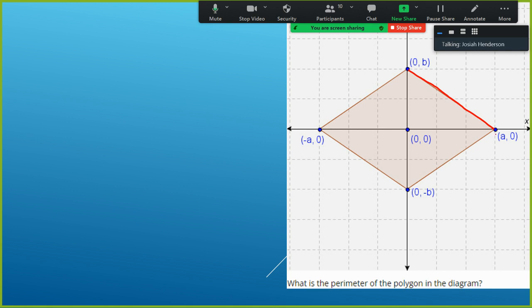Each outside line is like down 2 and over 3 or up 2 and over 3. So they're all the same length, which is good. So we have to use the A's and B's and the distances between those to try to figure out the length of those sides.